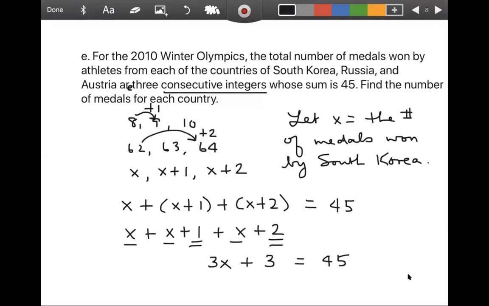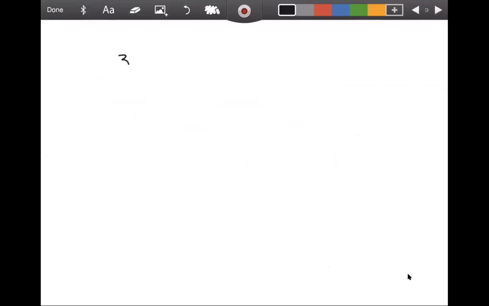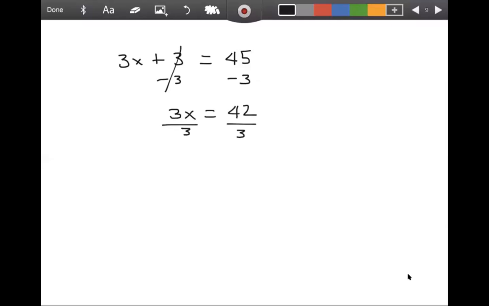So we have 3x plus 3 equals 45. Subtracting 3 from both sides, we get 3x equals 42. Dividing both sides by 3, we get x equals 14.